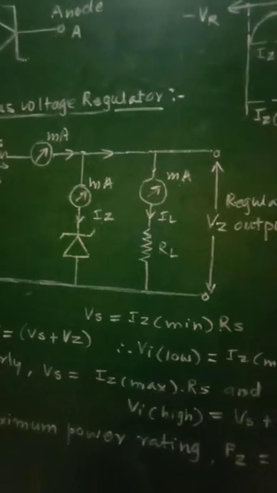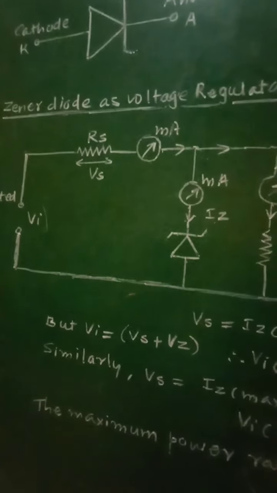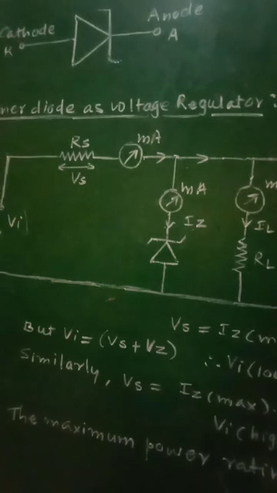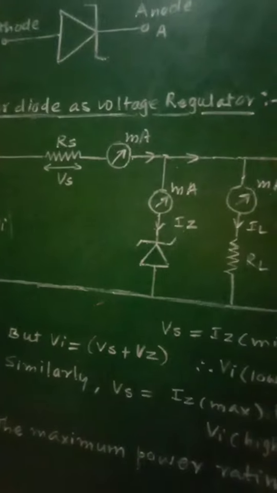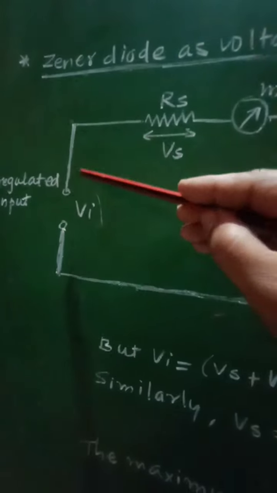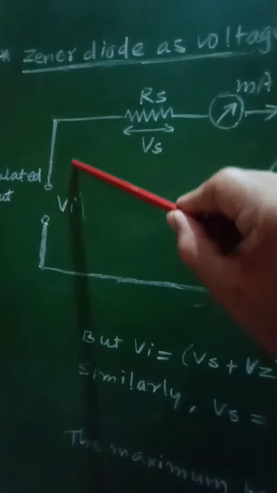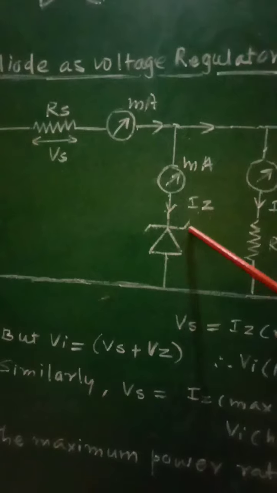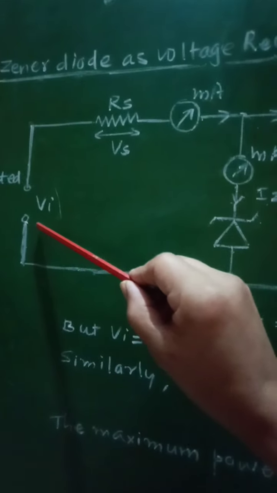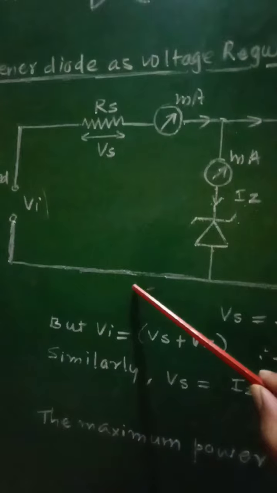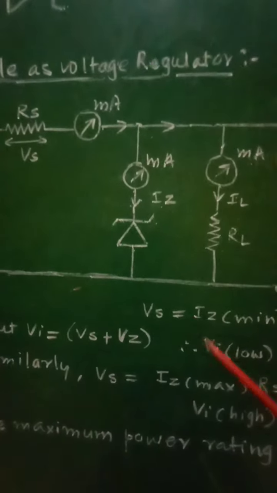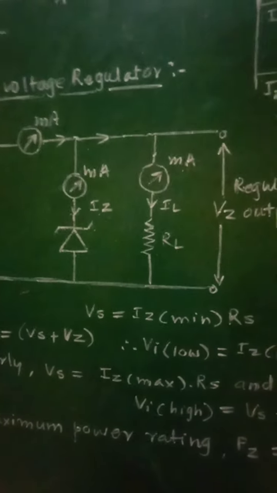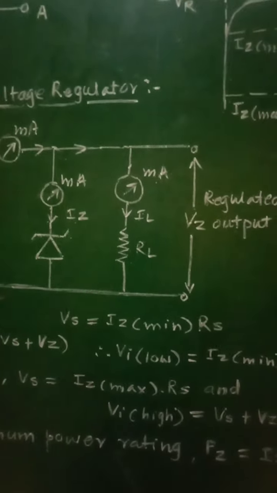And therefore in this case of the voltage regulator, that is the Zener diode as a voltage regulator, we can say that the positive terminal of this unregulated supply will be connected to the N region of the Zener diode, and the negative terminal of this source will be connected to the P region of the diode, and hence when it is reverse biased, it will act as the voltage regulator.